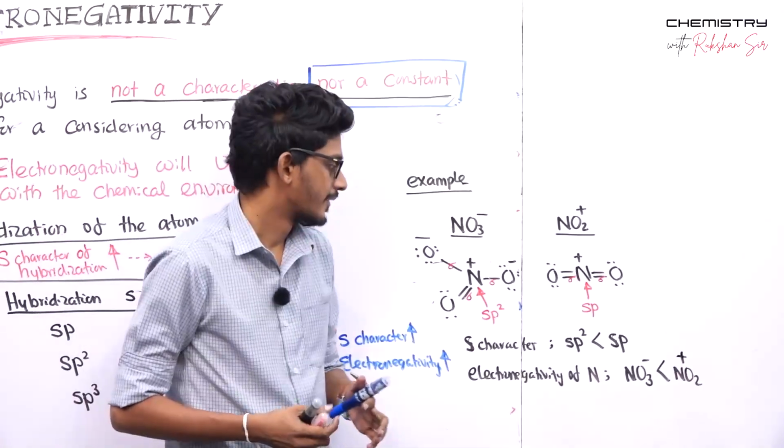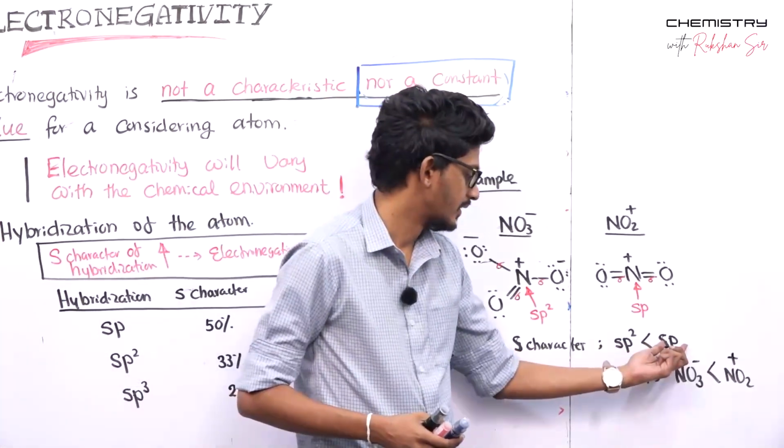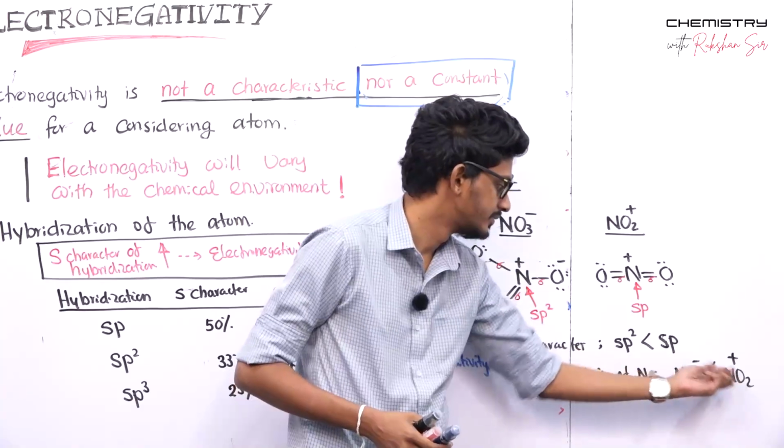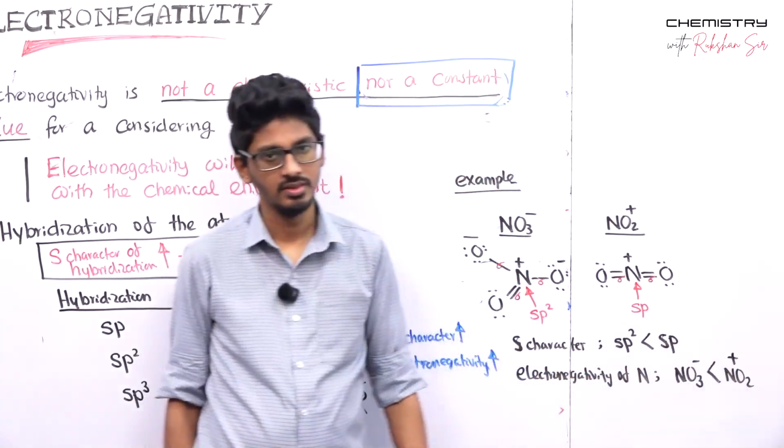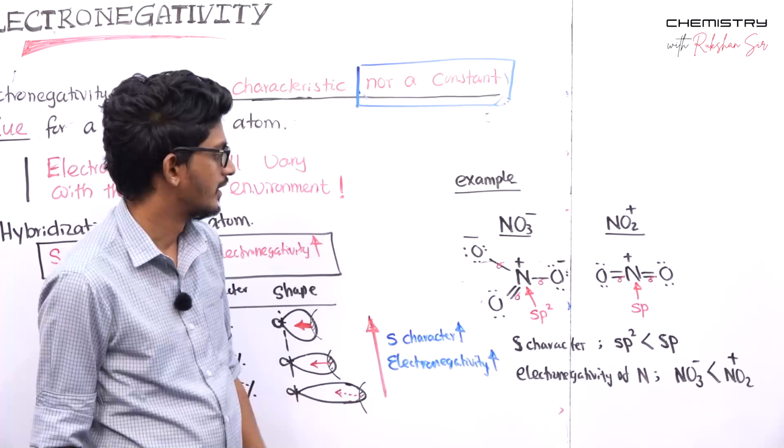The one with the greatest s character has greater electronegativity.